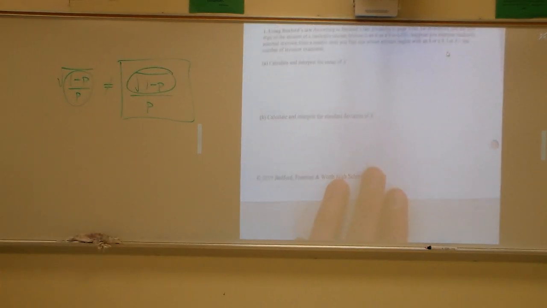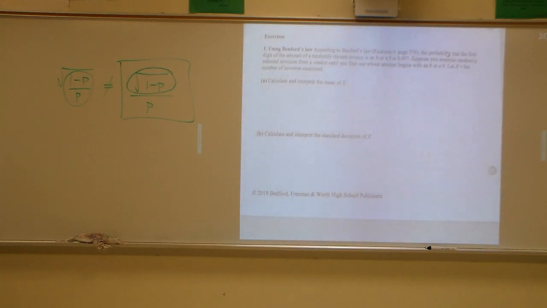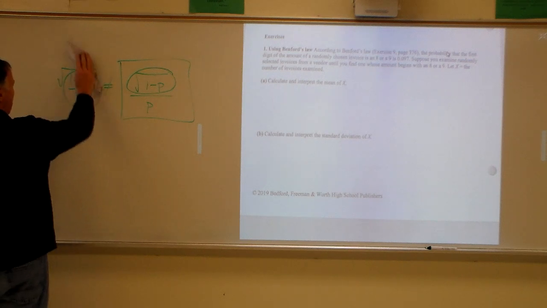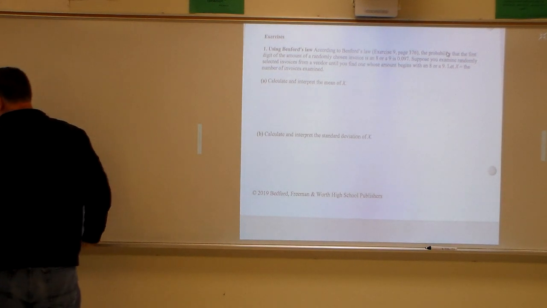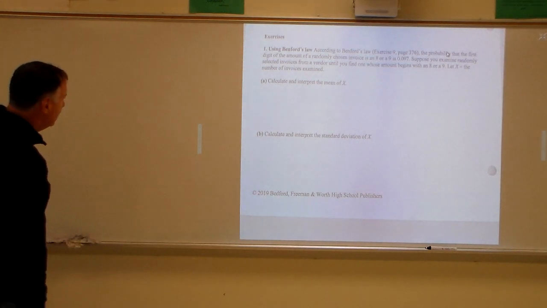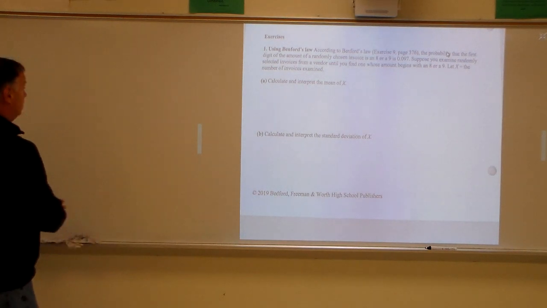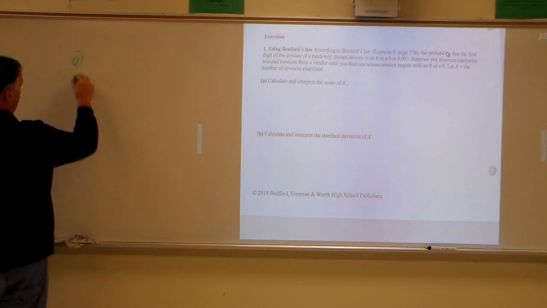So, Benford's law again. I'm going to let you not interpret this one, because Benford's law, we hate Benford's law. We're so sick of Benford's law. Why they use that as a primary example in chapter 6, I don't know. So I'm not going to make you interpret that, but we are going to interpret the next one.